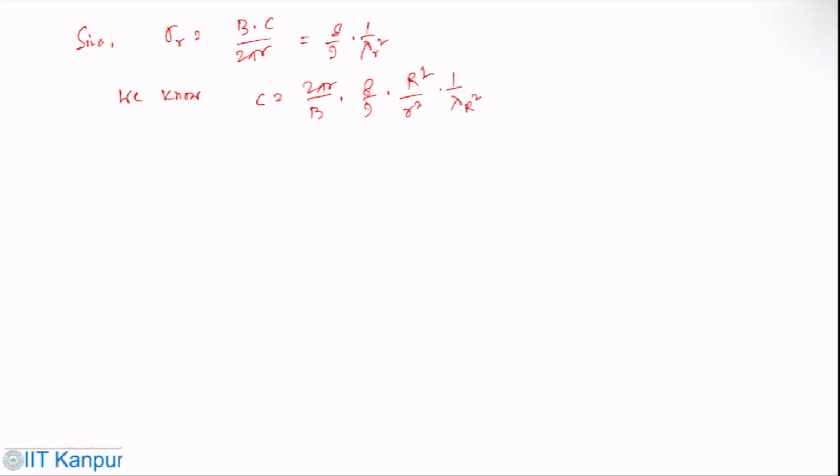So that gets us 2 pi r by B lambda r square, 8 by 9 into 1 by mu. Okay. So mu is r by R and lambda r is mu lambda.